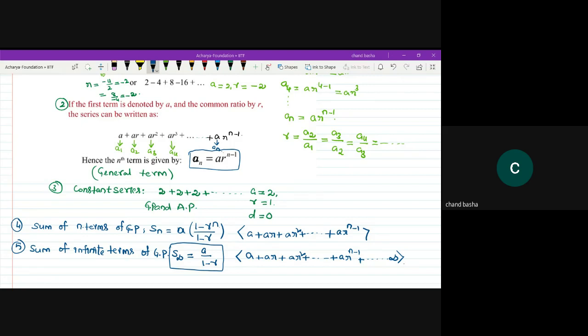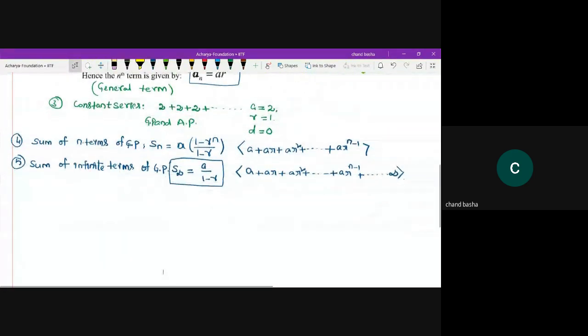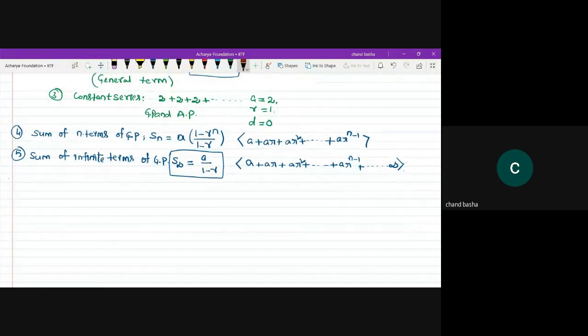Yeah, so I can go for the problems. First one, find the common ratio and general term of the following series if they are in GP.